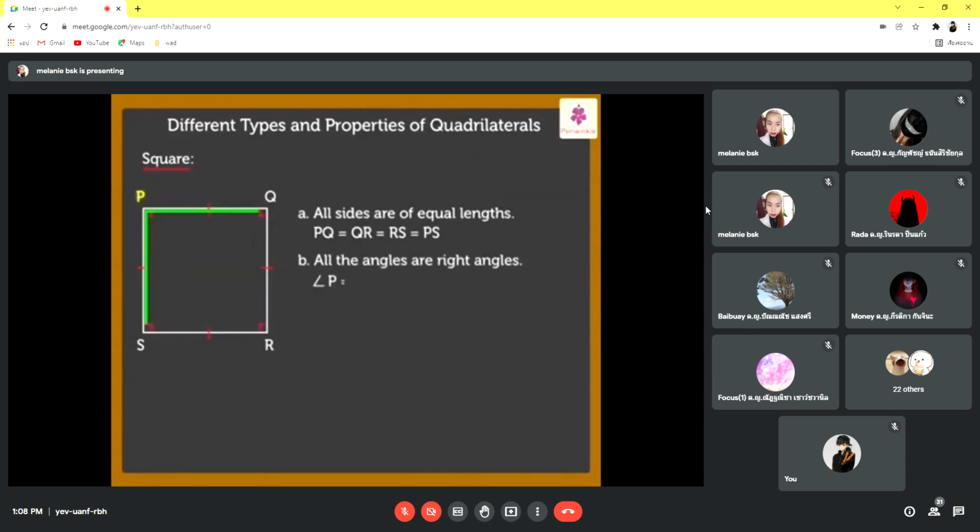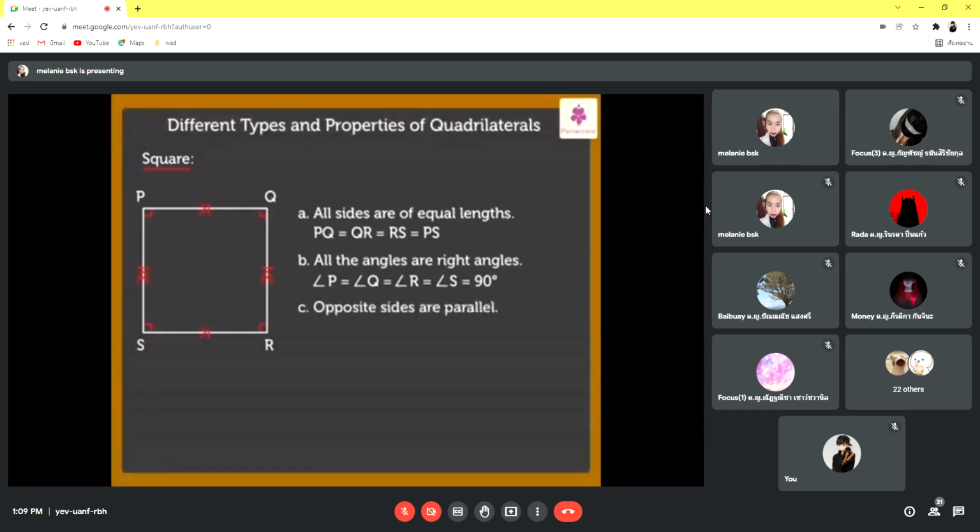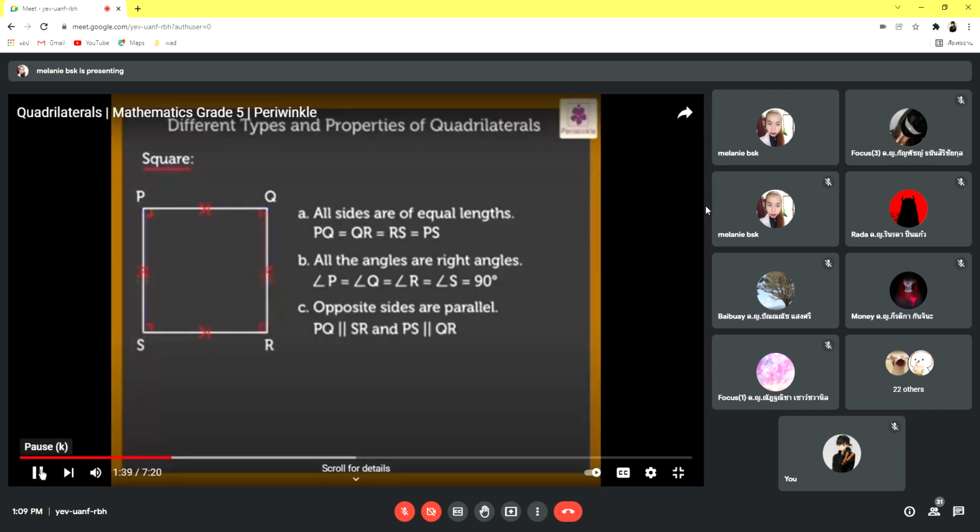Angle P is equal to angle Q is equal to angle R is equal to angle S, which is equal to 90 degrees. C. Its opposite sides are parallel. That is, PQ is parallel to SR and PS is parallel to QR.